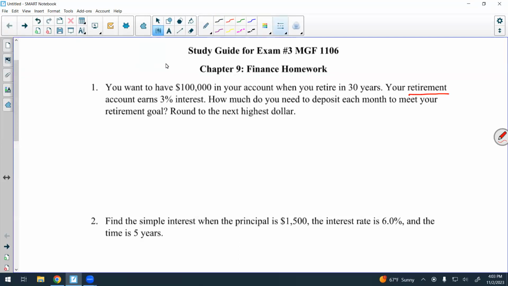Hint. Retirement account. Which retirement account did we learn about? Anybody? Anybody online? We're trying to figure out which formula to use.